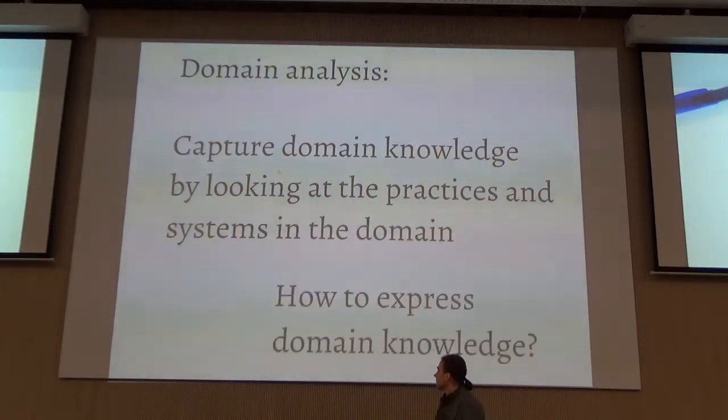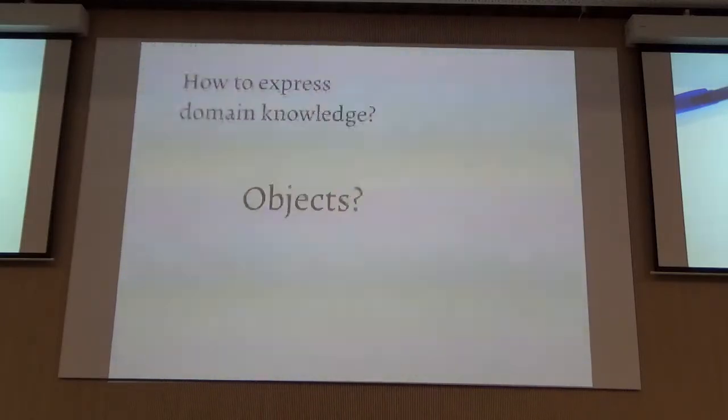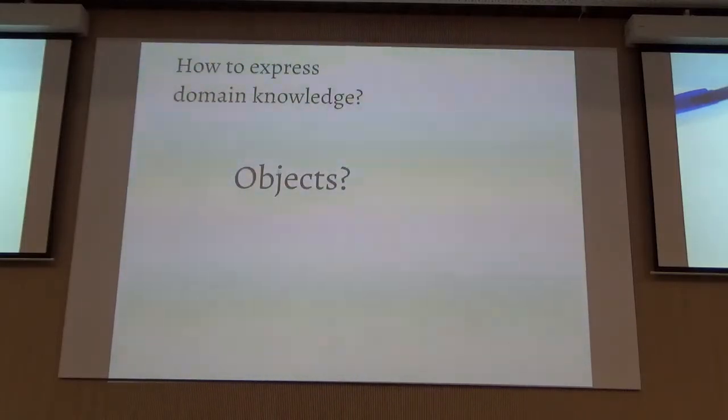So in these terms, related to this, we might be wondering how to actually express domain knowledge. Of course, we are doing object-oriented design mostly. Some parts might be designed in different paradigms, different approaches.